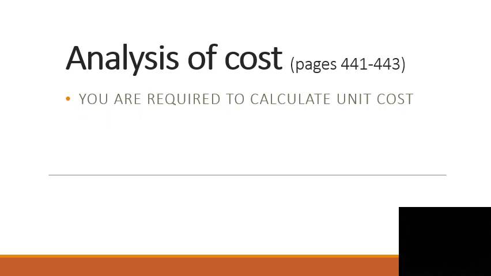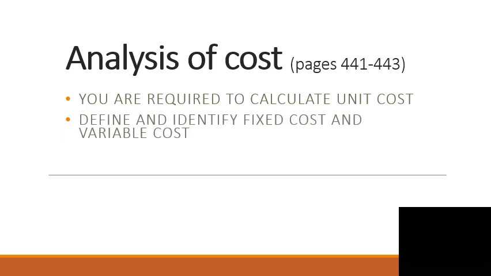You are required to calculate unit cost. When we are talking of unit cost, we are referring to the cost of producing 1 unit, but for all the different categories of cost: for direct materials, for direct labor, for factory overheads, for selling and distribution, and for administration.